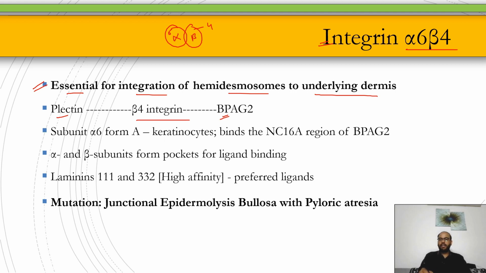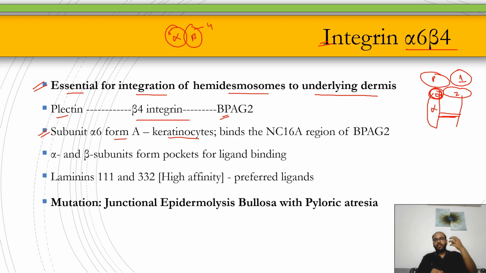Okay, so again, this is plectin, this is BPAG1, this is BPAG2, and here you will have the alpha unit. And we have already explained to you that alpha unit crosses the membrane and attaches to bullous pemphigoid antigen 2 also. Clear? The subunit alpha 6 isoform A is secreted by keratinocytes.